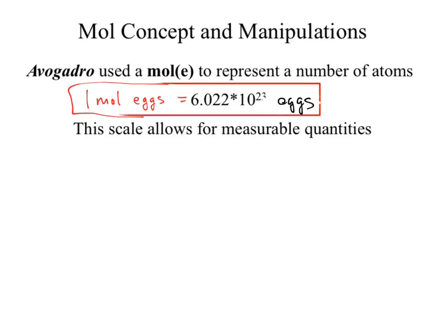What's 6.022 times 10 to the 23rd molecules of water? That is 1 mole of water. So what we're looking at is counting these things.